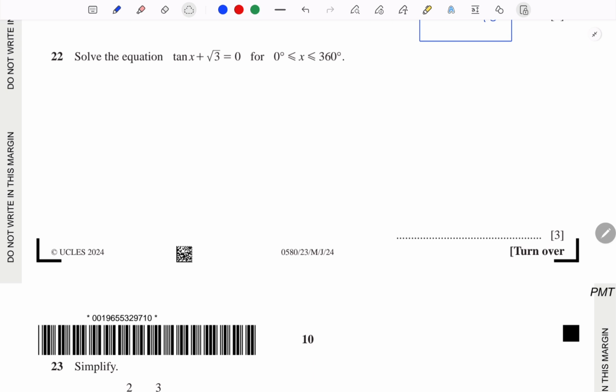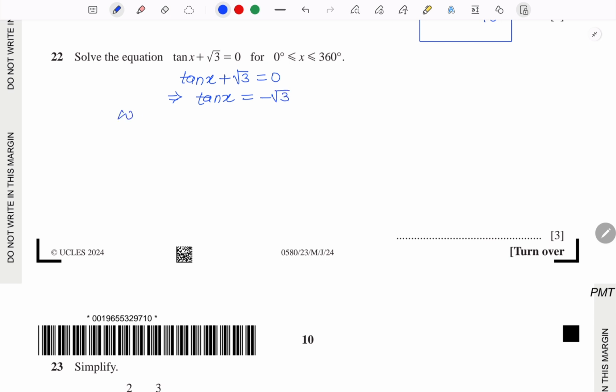Let's solve the next question now. Tan x plus root 3 is equal to 0, for x belonging to 0 degrees to 360 degrees. Here we have been given tan x plus root 3 is equal to 0. We can write tan x equals minus root 3.